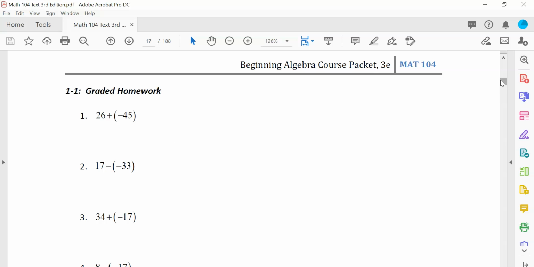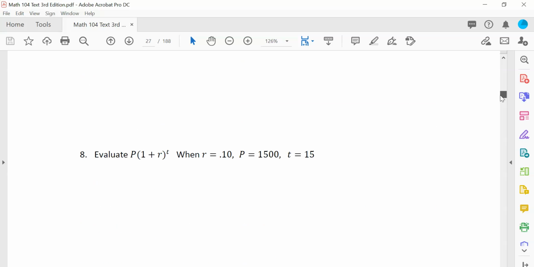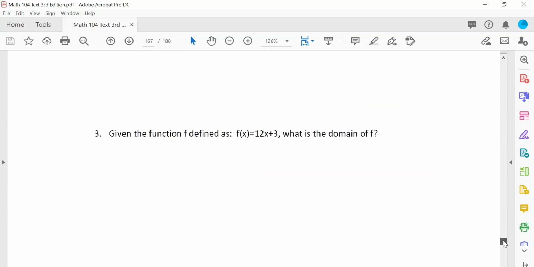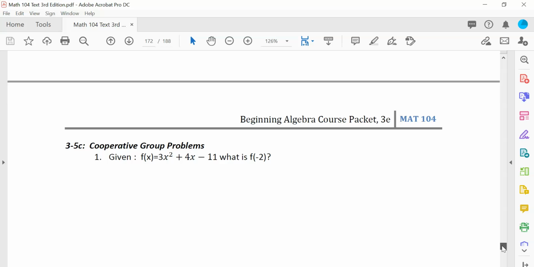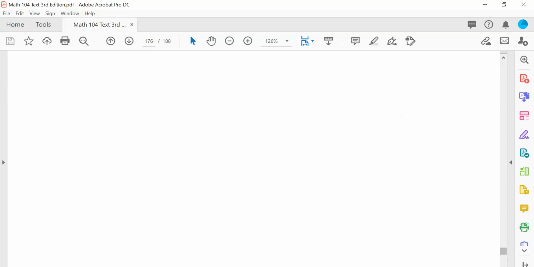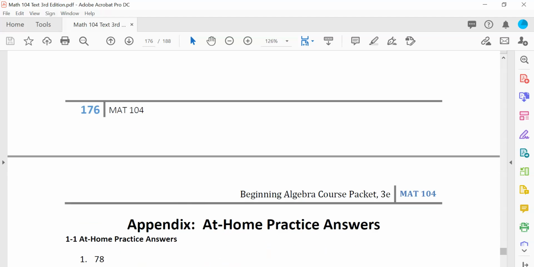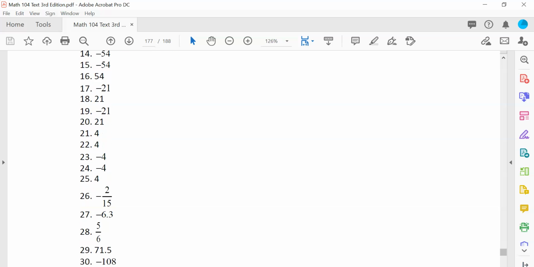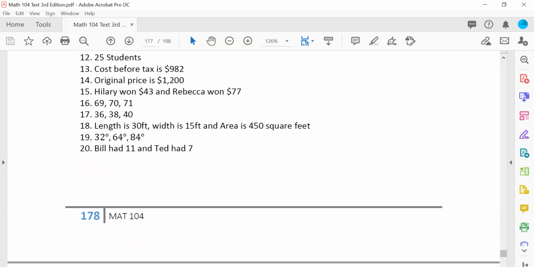All right. I'll scroll down to the very last pages of the book, which are the appendix. And you see that the at-home practice answers are in there. So the at-home practice problems, you have all of the answers in the back of the book.